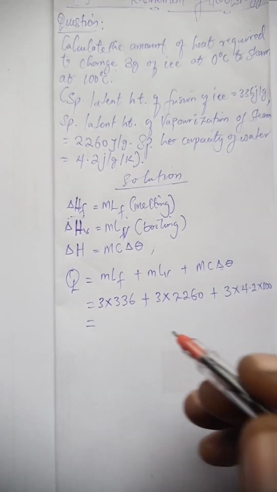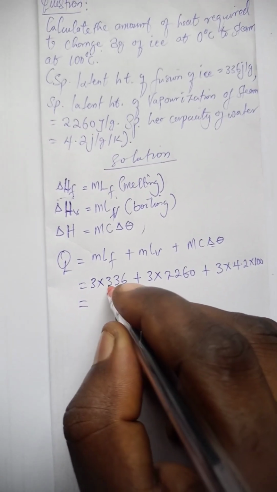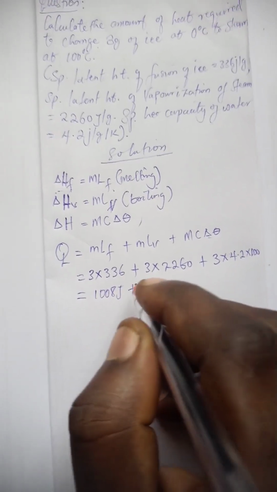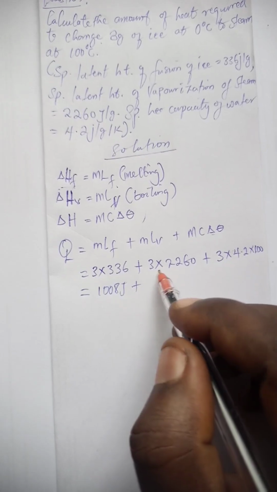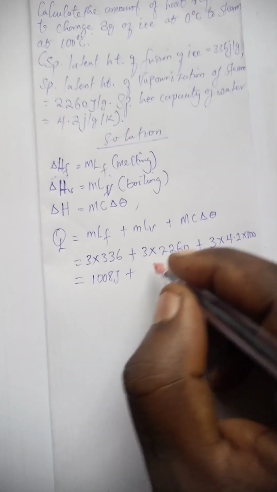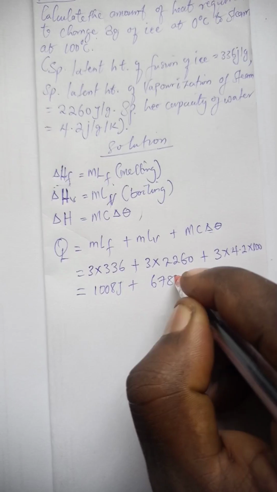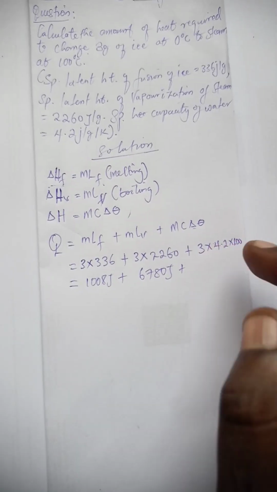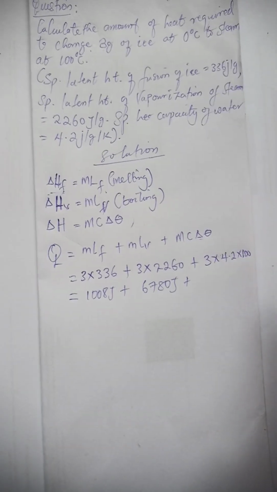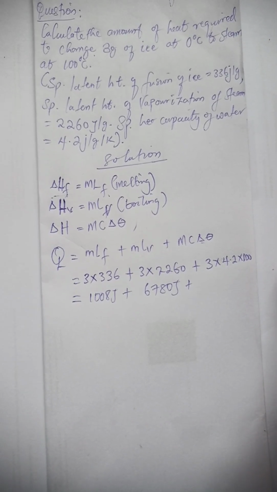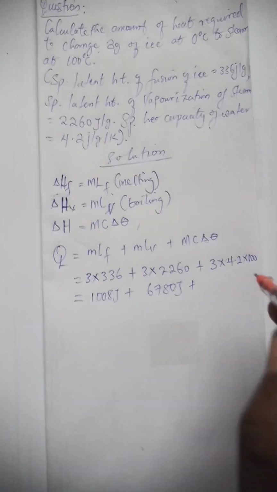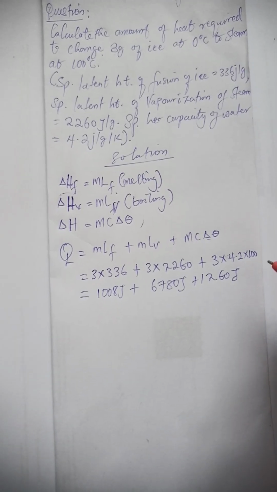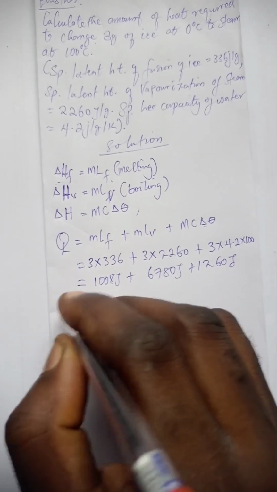So we'll be having 3 times 336 to give us 1008 joules, plus 3 times 2260 will have 6780 joules, plus 3 times 4.2 times 100 will have 1260 joules.